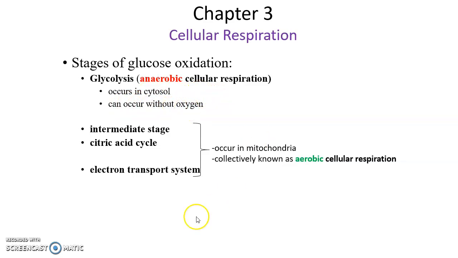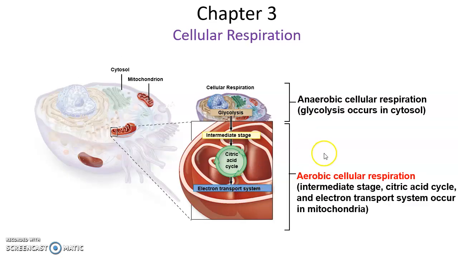The intermediate stage, citric acid cycle, and electron transport chain all occur in the mitochondria, and they're going to need oxygen, and they're the aerobic part. So, anaerobic cellular respiration, glycolysis, occurs in the cytosol. Aerobic cellular respiration, those 3 stages, occurs in the mitochondria.